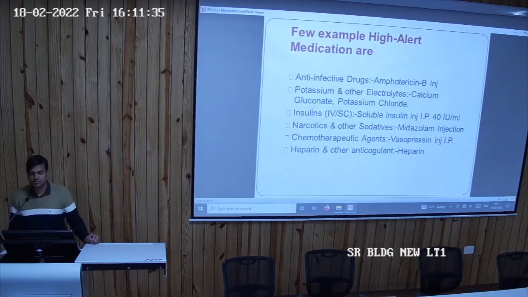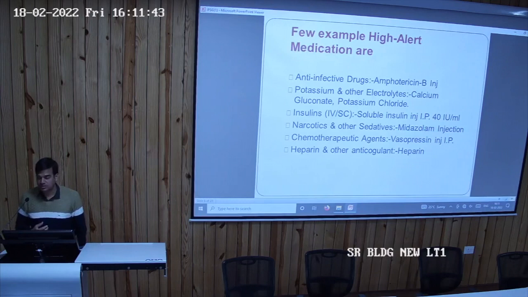A few examples of high alert medications are anti-infective drugs like amphotericin B injection, potassium and other electrolytes because they can change the electrolyte levels of your body, insulin, which can cause sudden hypoglycemia, narcotics and other sedatives like midazolam, chemotherapeutic agents, vasopressin, and heparin and other anticoagulants. These things, if they are not supposed to be used in one patient, must not be used in any situation.